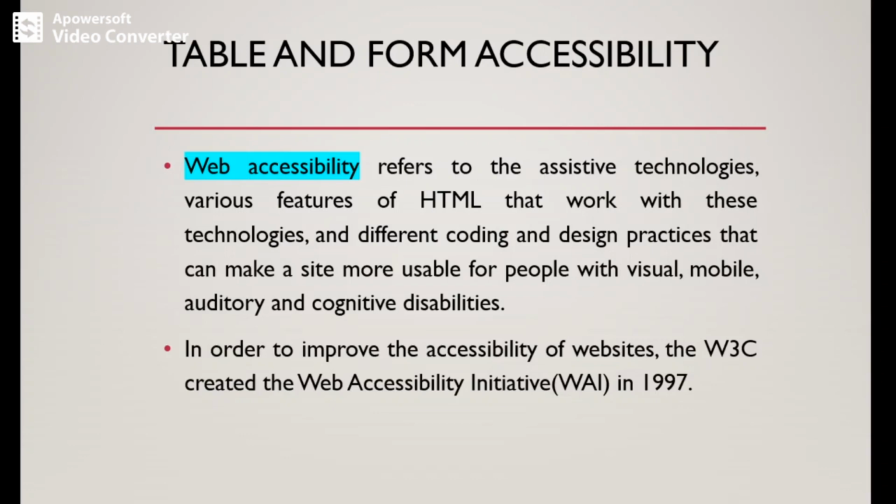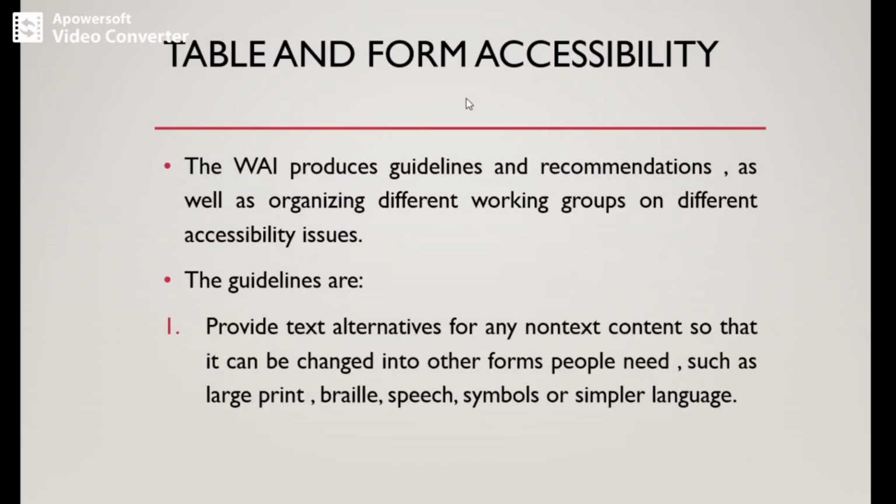So, in order to improve this accessibility of websites, the W3C organization created the Web Accessibility Initiative (WAI) in the year 1997. So, this WAI produces certain guidelines and recommendations.